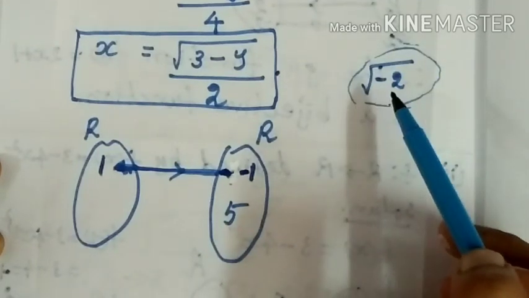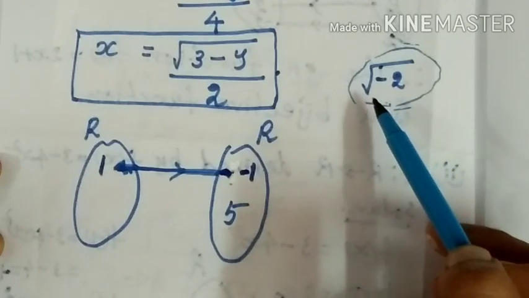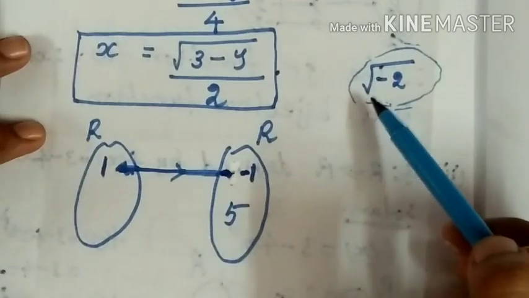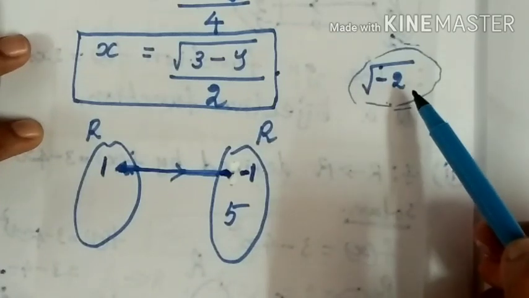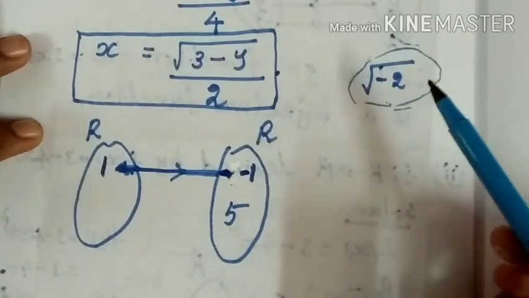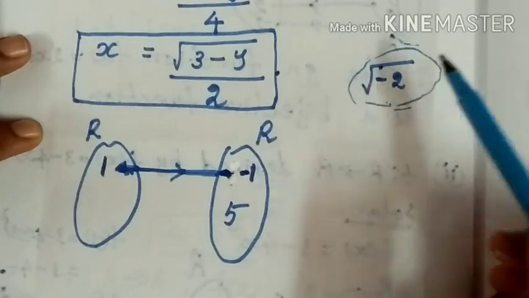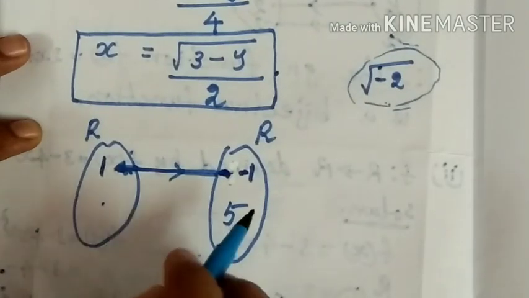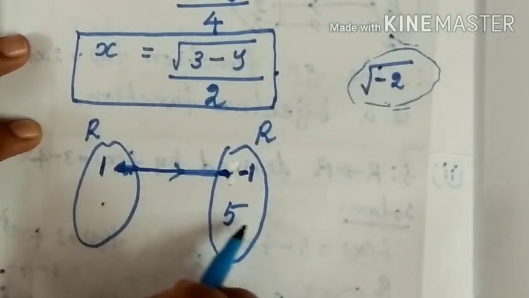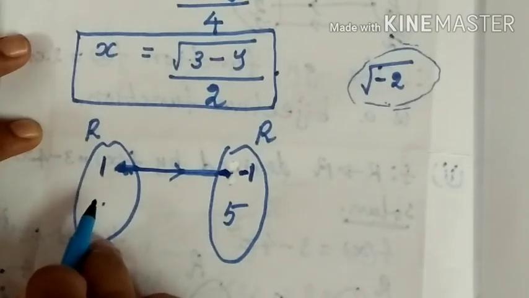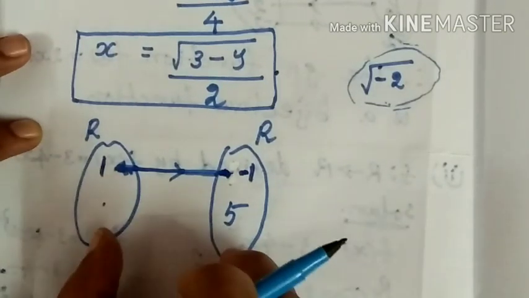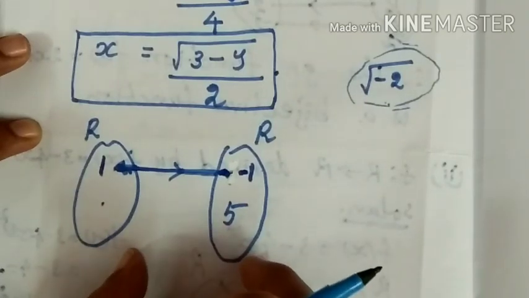No, it is not a real number because inside the root a negative value does not come. So, it is not a real number. Therefore, 5 in the codomain has no pre-image in the domain. Hence, it is not an onto function.